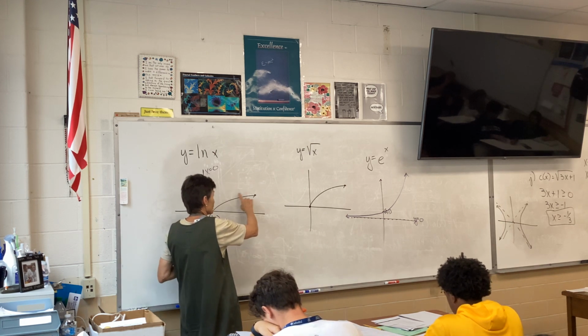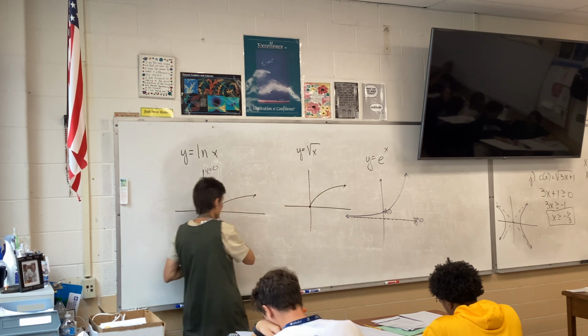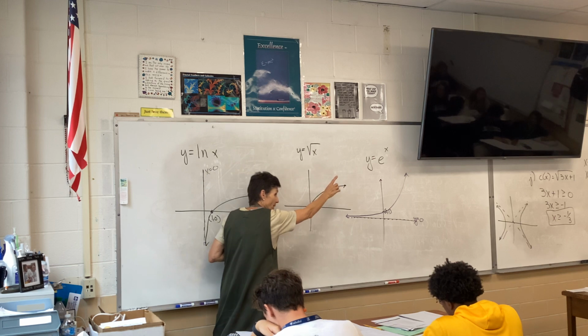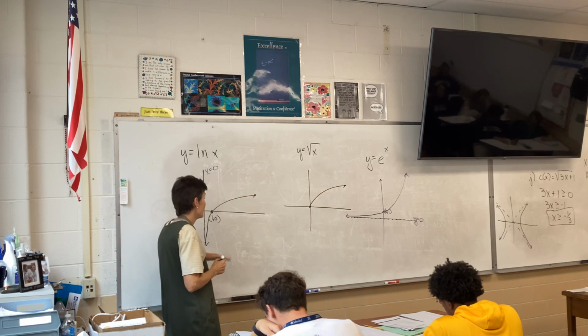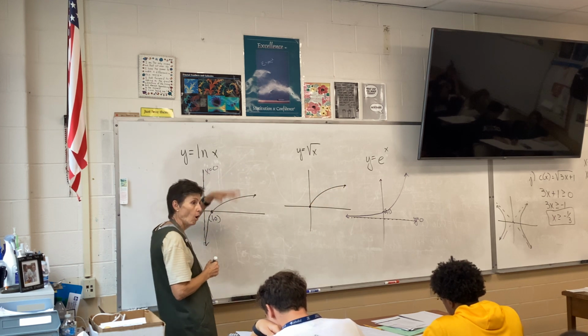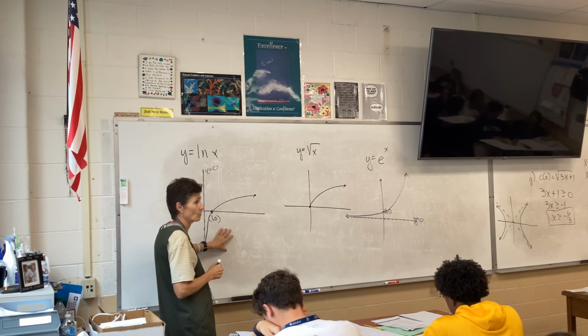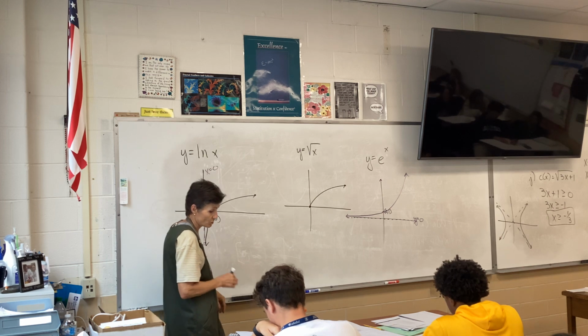They both shoot off into space. This one, of course, not going nearly as fast, but this is going up, up, up as it heads off the page. That is a picture of all of your logarithms. ln in particular, but all of your logarithms have that shape.